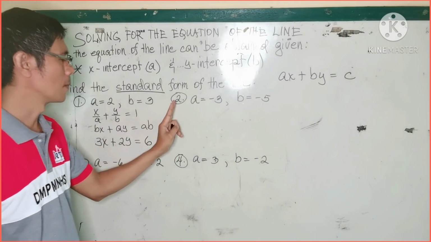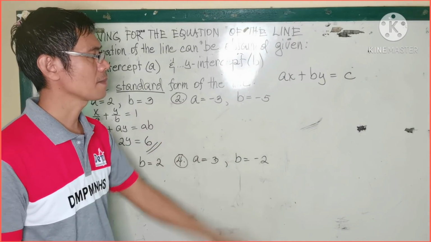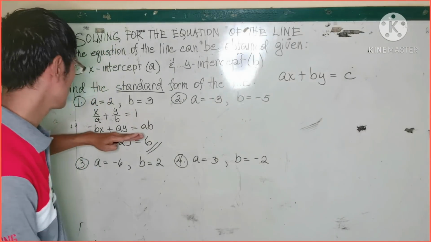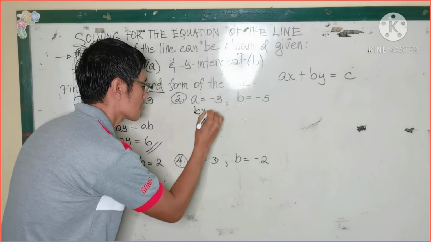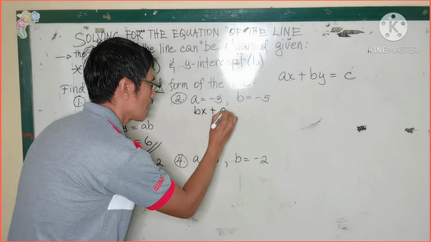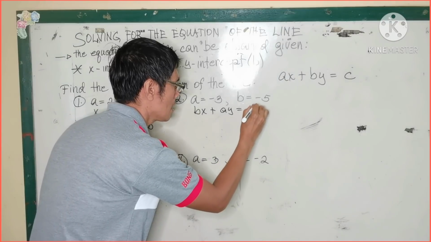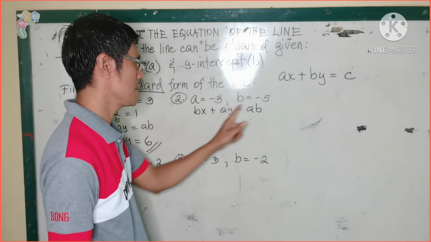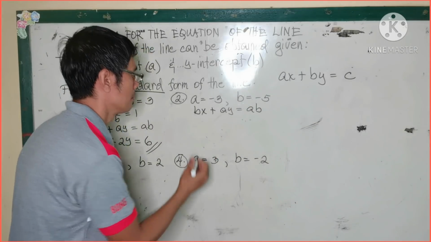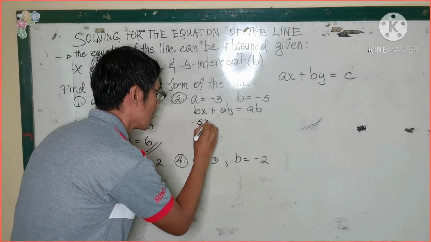So number 2, x-intercept negative 3, y-intercept negative 5. Using this form, that is bx plus ay equals ab. So what is our b? b is negative 5. So we have negative 5x.